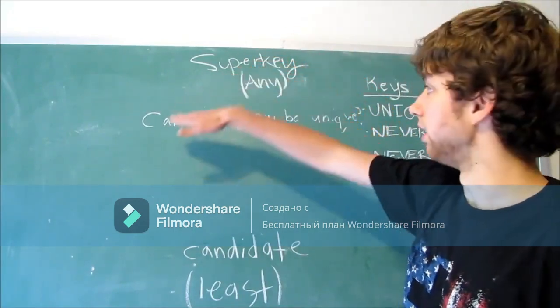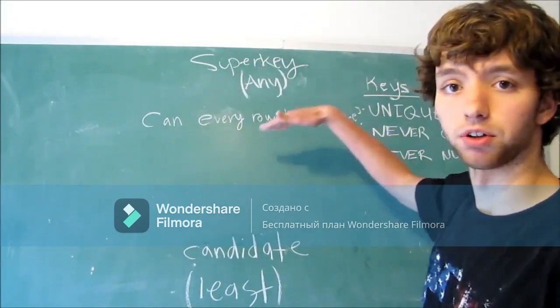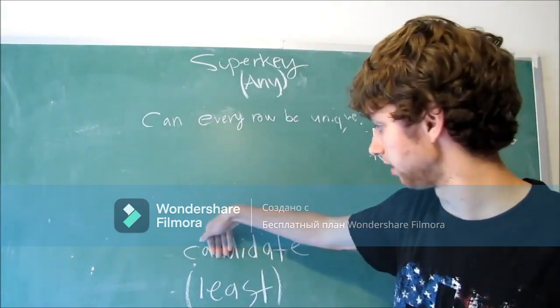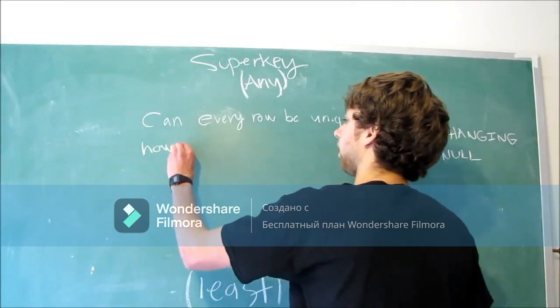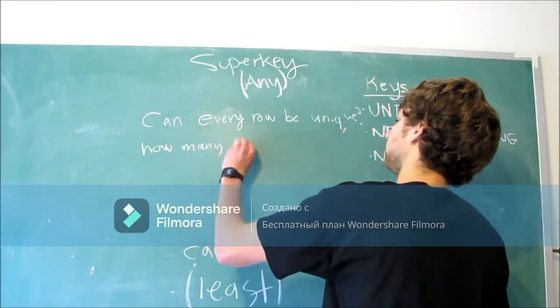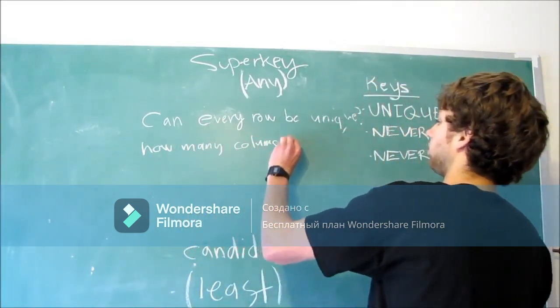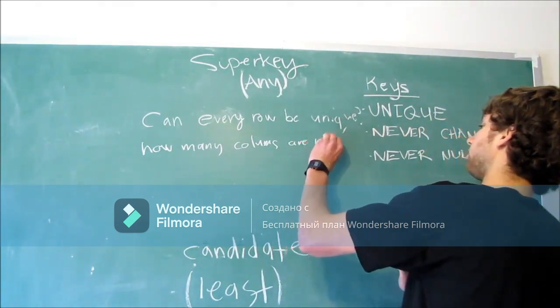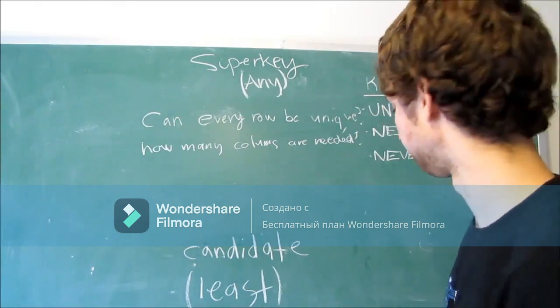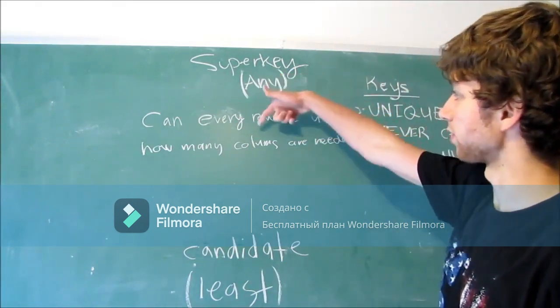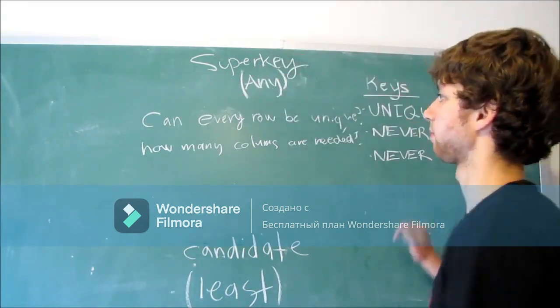Once we figure that out, if it can be unique, then we move on to figuring out the candidate key. So now we ask, how many columns are needed? Can you read that? Hopefully. So the first question, can every row be unique?